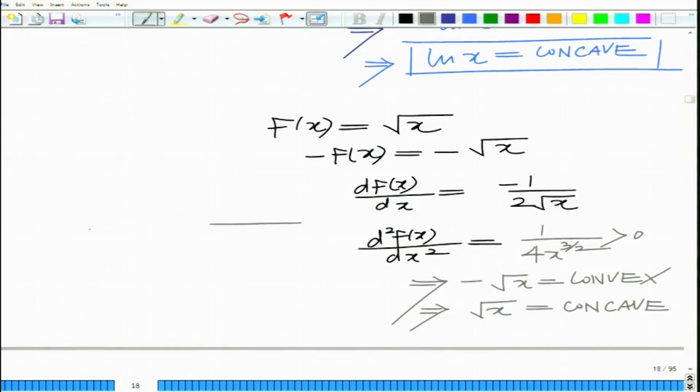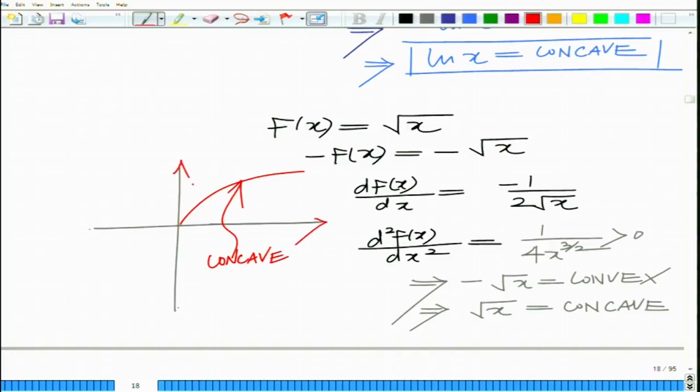If you plot square root of x, it looks like this, and this is concave. Okay, so this is square root of x. All right.